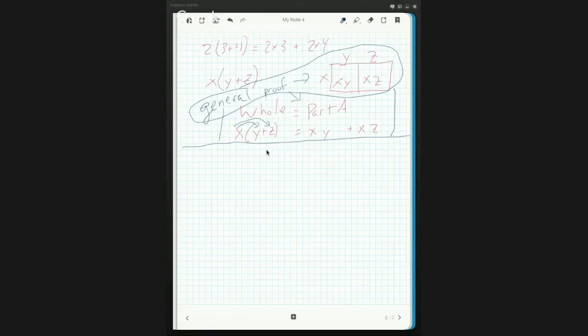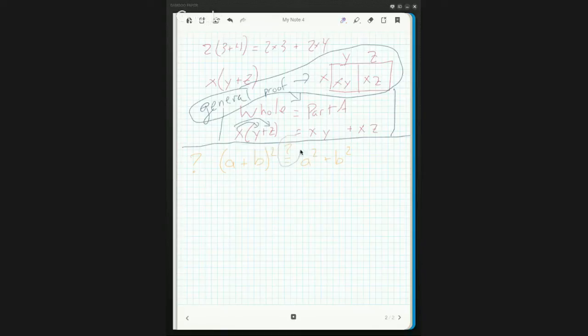Okay. So let's take one step back, or let's think about this for a second, and let's ask the question. Knowing what we know now about how to prove distribution, I want you to think about a plus b squared and ask yourself, is that equal to a squared plus b squared? Now notice this symbol here.